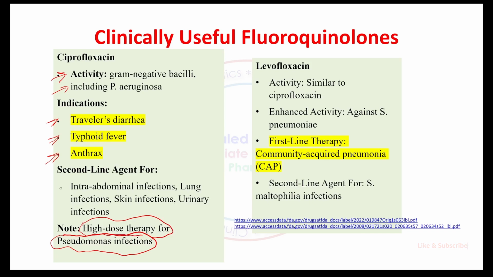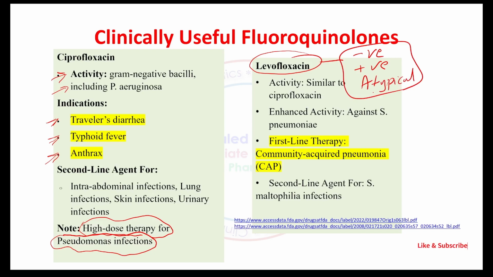Levofloxacin covers gram-positive bacteria, gram-negative bacteria, and atypical bacteria. So levofloxacin is considered first-line therapy for community-acquired pneumonia.